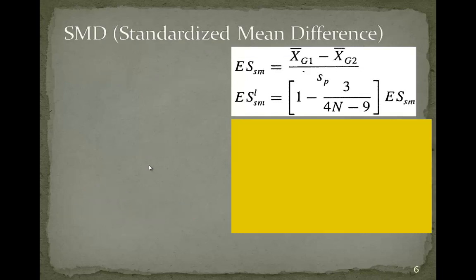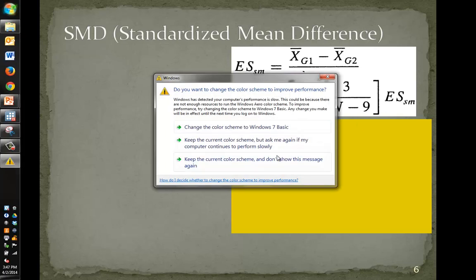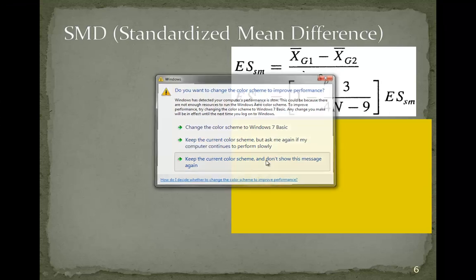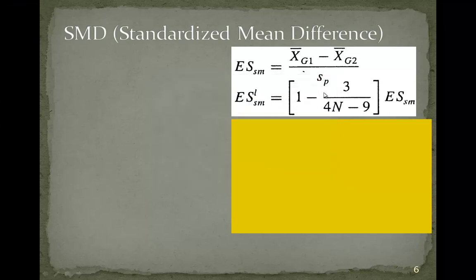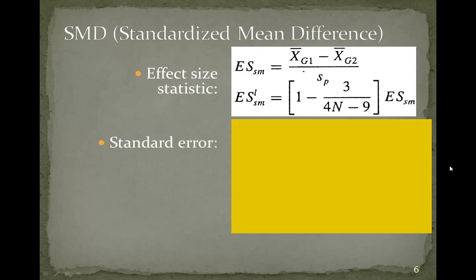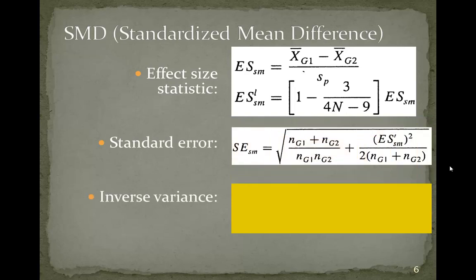Here's the standardized mean difference. It's a little more complicated. The effect size at the top there is very standard. And then here you've got the ES prime, implying that you've got a correction that you're multiplying it by. You've got a correction for the sample size bias introduced by Hedges. And so that's the corrected form. And then the standard error for that is defined this way.